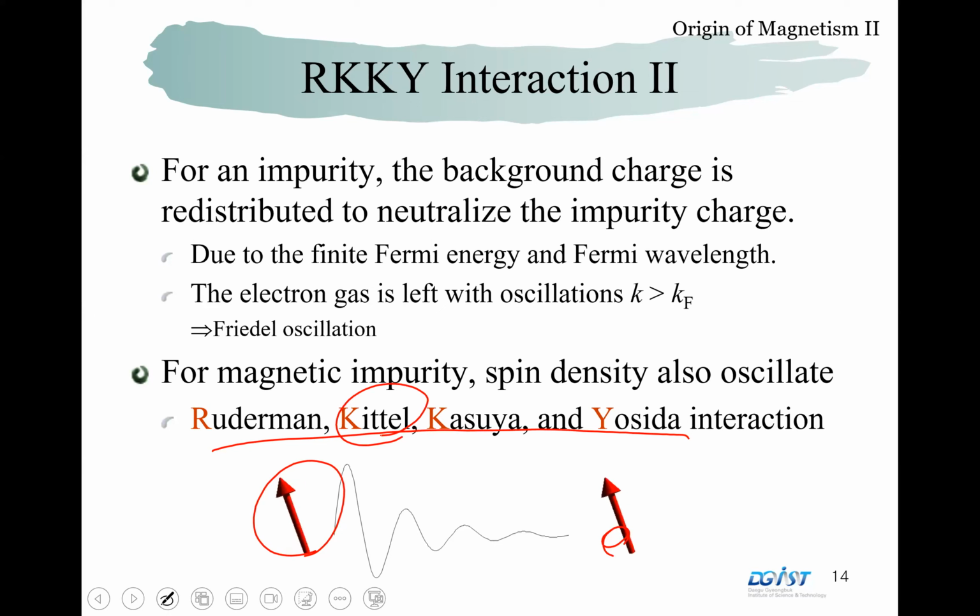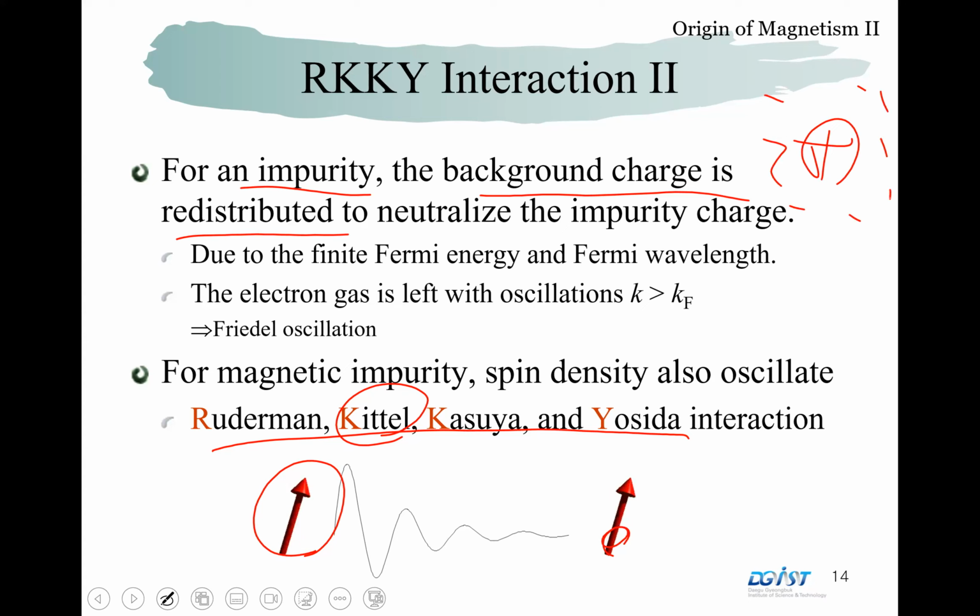And the important thing is, if we have an impurity, then the background charge is redistributed to neutralize the impurity charge. It means if we have a plus charge as an impurity here, we have some surrounding minus charge. And usually this minus charge is a little bit too much, so we have a next plus charge here, and so on.